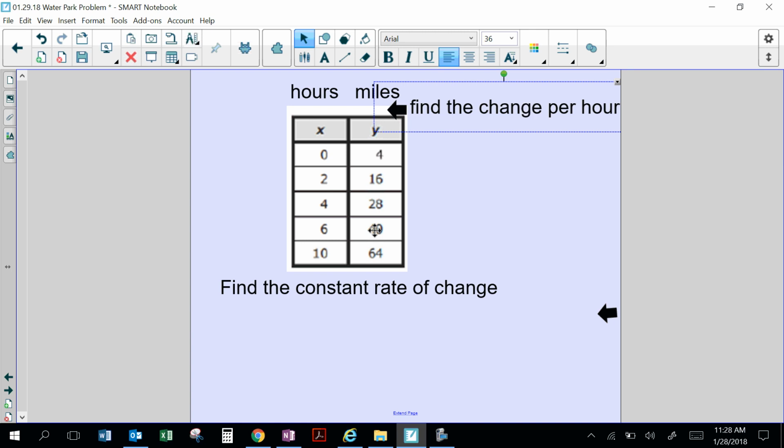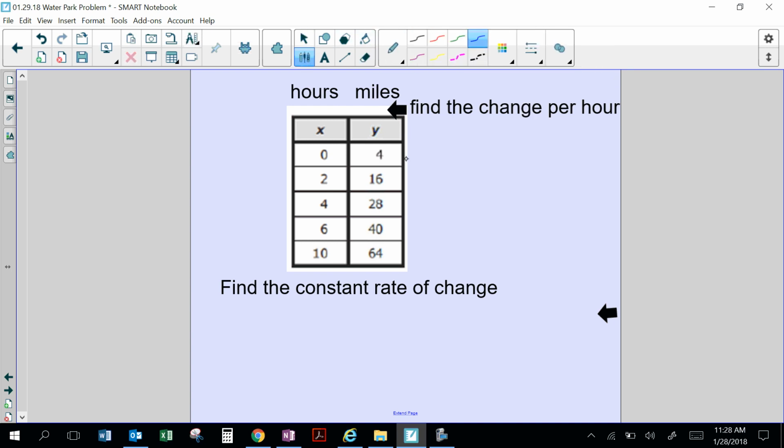Before you say, oh, it changed by 12, because some of you may say it changed 12 miles every hour. No, careful. Did you notice that it jumped from 0 to 2 and 2 to 4? So it skipped the odd numbers. So this is 2 hours. So these are 12 miles.